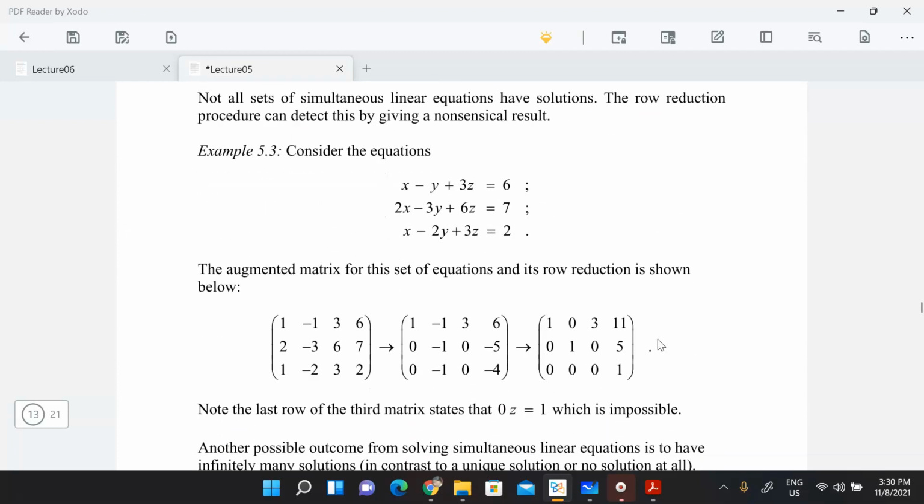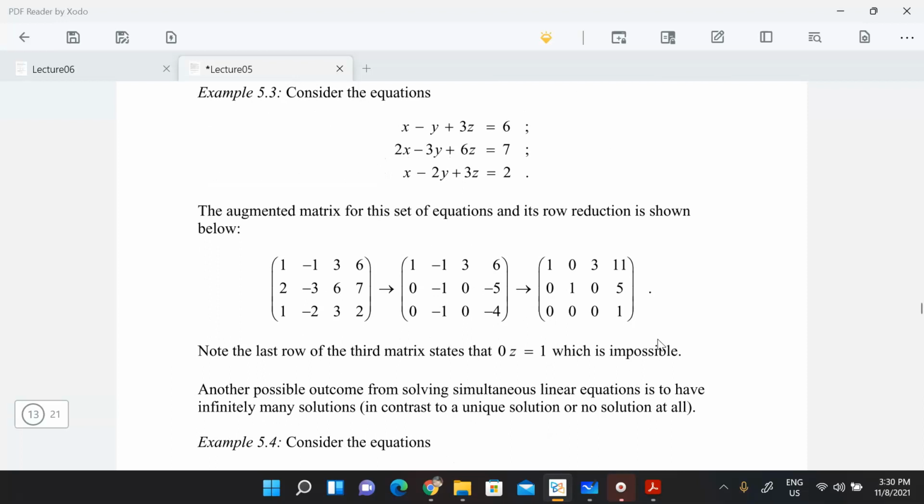So here is another example. This example is an example where things can fail. Here you have your augmented matrix. You see this 1, 2, 1, minus 1, minus 3, minus 2 here, and then 3, 6, 3.